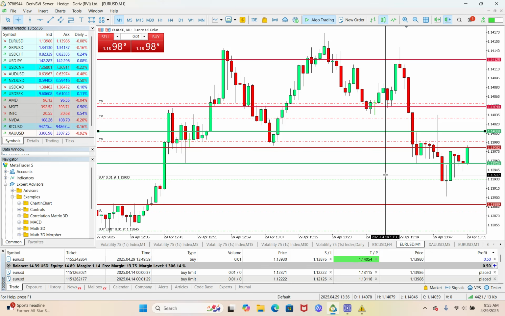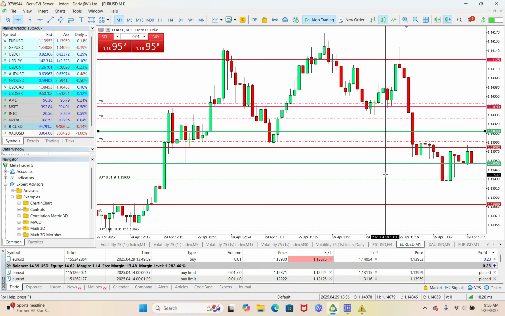Buyers make a move to the upside. Sellers are resisting. Buyers are making another up move. Buyers are ramping up the pressure. Sellers are resisting. Buyers are making an up move again. Buyers close with a green candle.